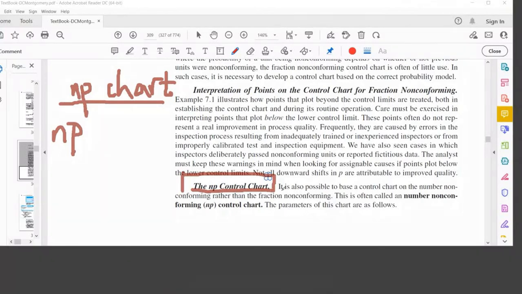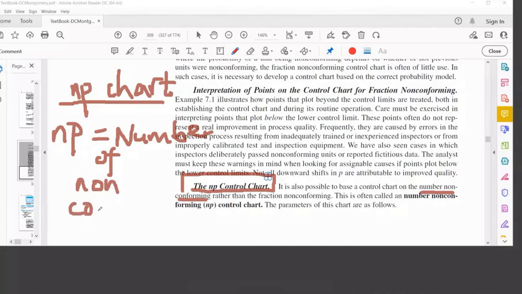So it is possible to base the control chart on the number of non-conforming. So NP is actually the number of non-conforming.